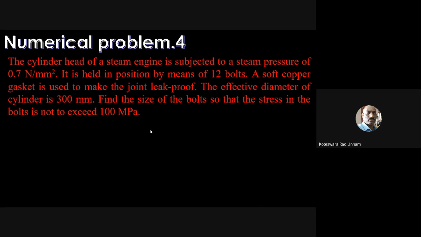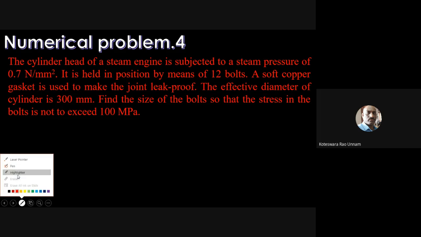So if you look at the problem statement here, a soft gasket is used to make the joint leak proof. Whenever the joint is a leak proof joint, we need to consider the load due to initial tightening.